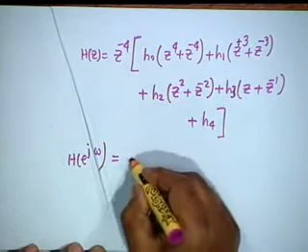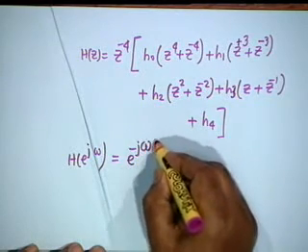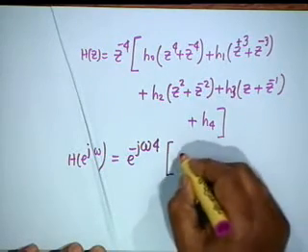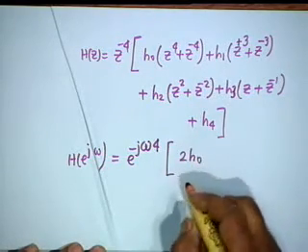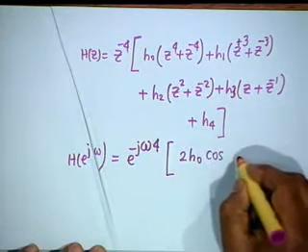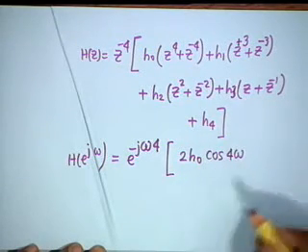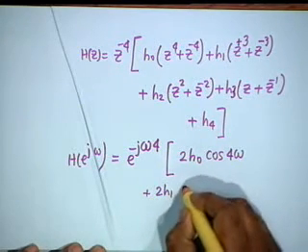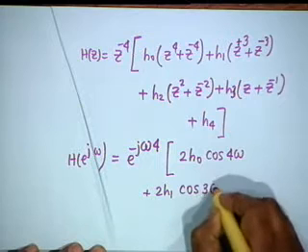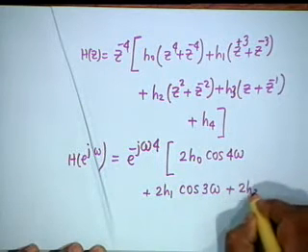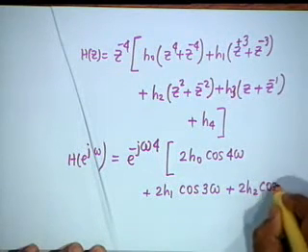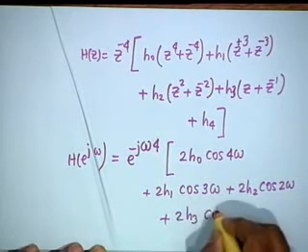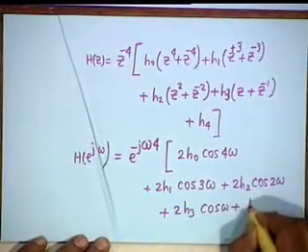So if I write the frequency response, I shall get e to the minus j omega times 4, then twice h0 cosine of 4 omega, agree, plus twice h1 cosine of 3 omega plus twice h2 cosine of 2 omega plus twice h3 cosine of omega plus h4.